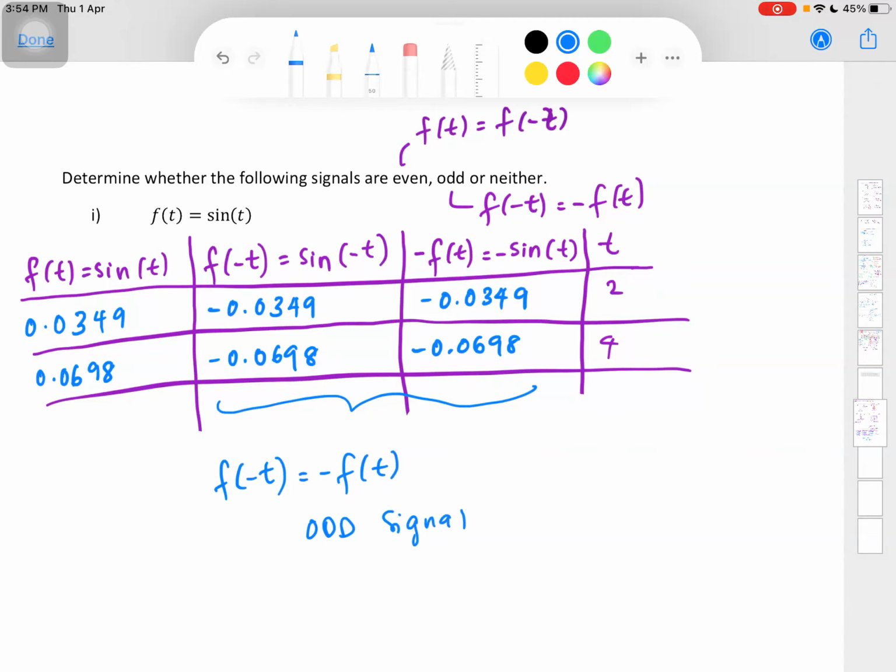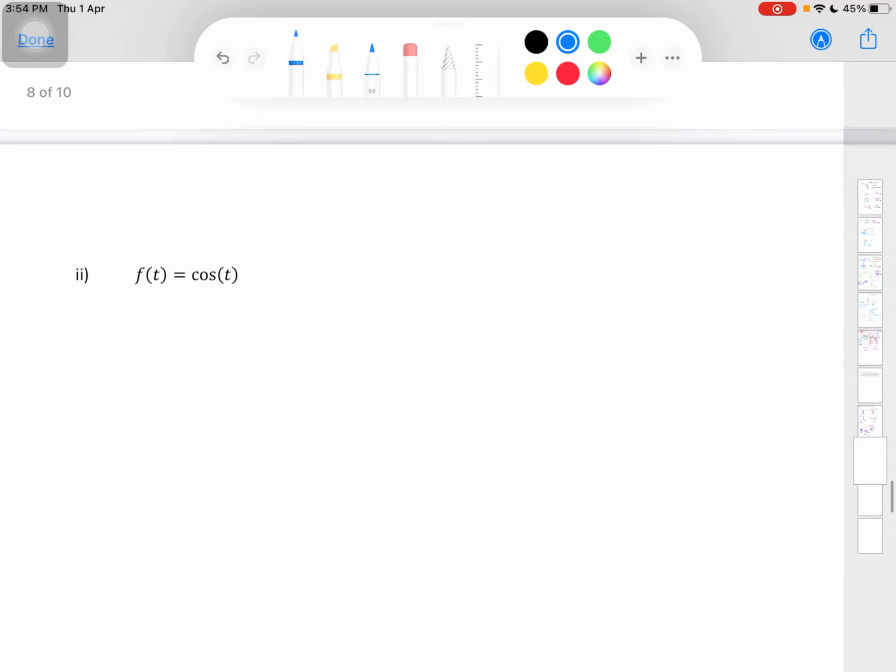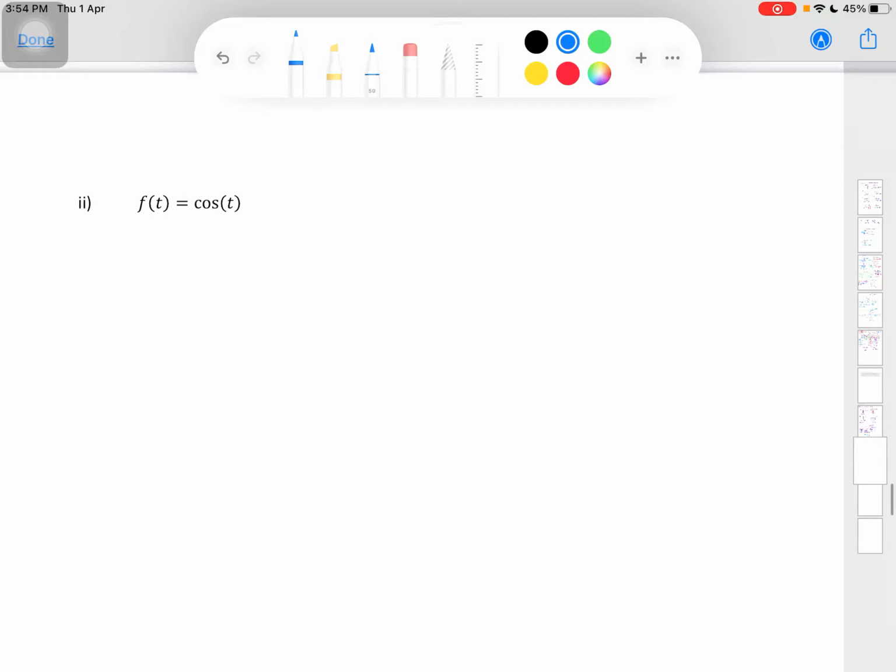Now let's have a look at this one, cos t. Again, this is a simple signal. Like I said, if you remember how the graph looks like, maybe in the exam you can draw the graph and say that from the graph the signal is even, odd, or neither. But let's say you don't remember how the graph looks like, so let's just use the calculation.